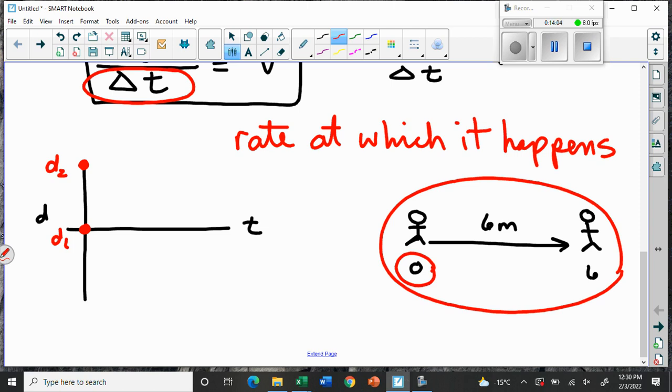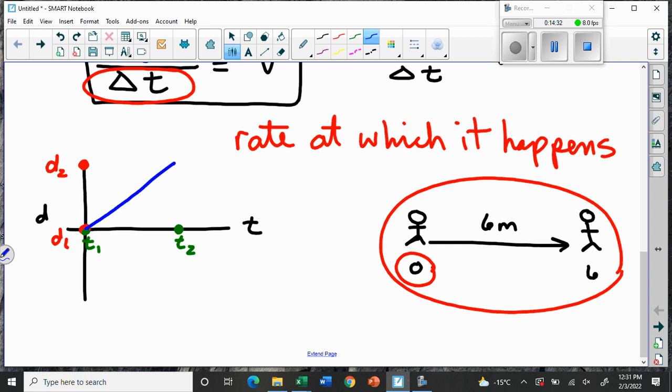But we also have to remember that at the very same spot here we have a T1, an initial time, which is usually also 0. And there's going to be a time 2. Time has to change. So we have 2 different times, the time when we start and the time when we finish. When we combine these 2 things together, we go up and sideways at the same time.